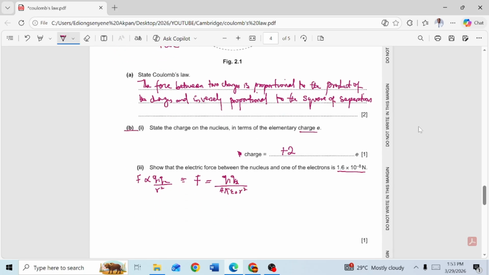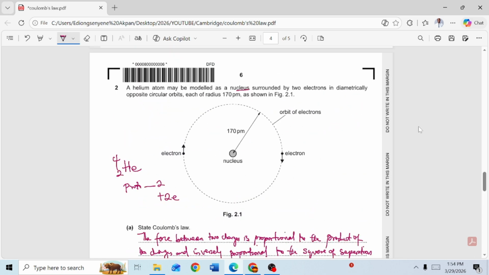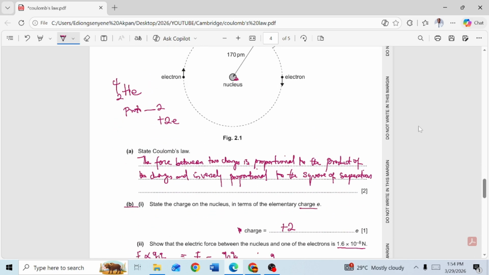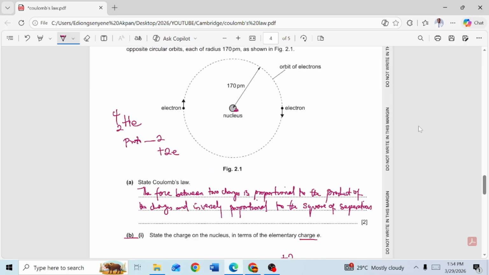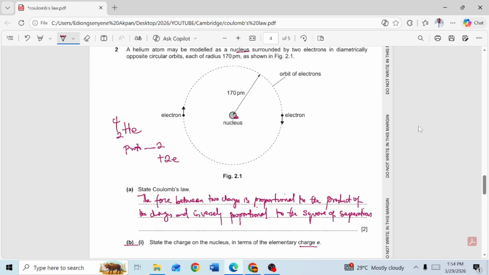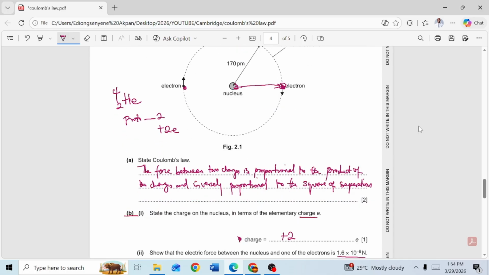This is what we will use to answer this question. However, it's important to know that for Q1, the charge at the center, we have 2 protons, so 2 of the proton charge, and that of the electron, because it is for one of them. Either we pick this one or we consider this one. So let's pick this one.